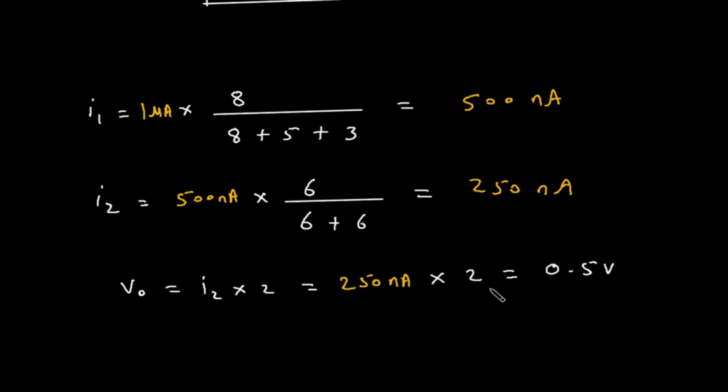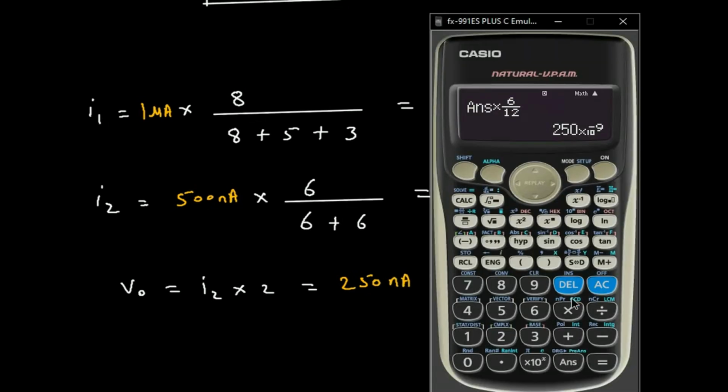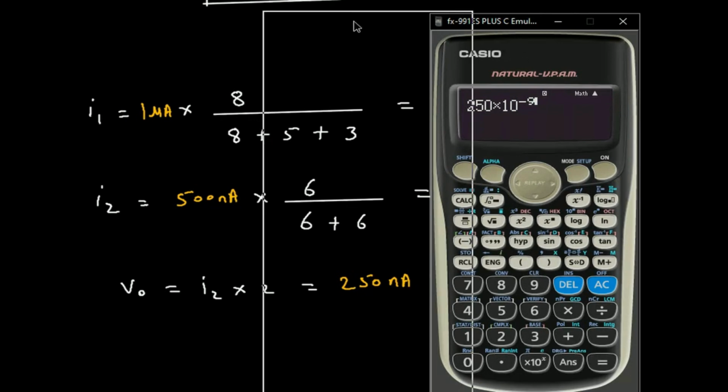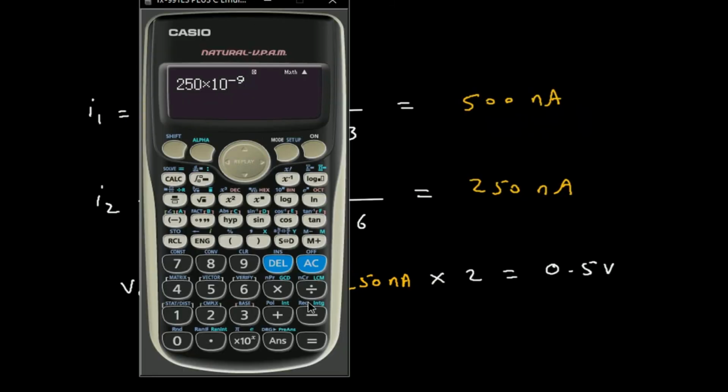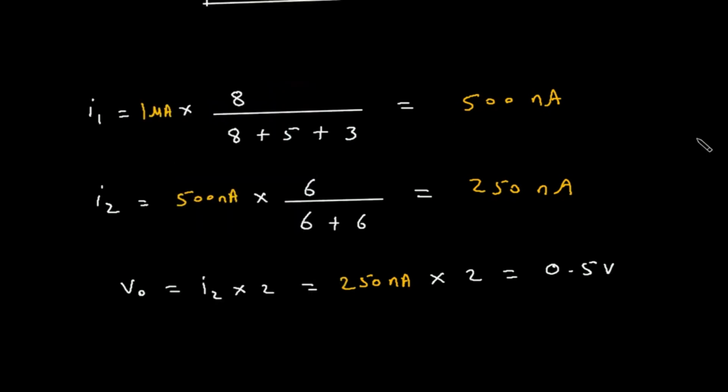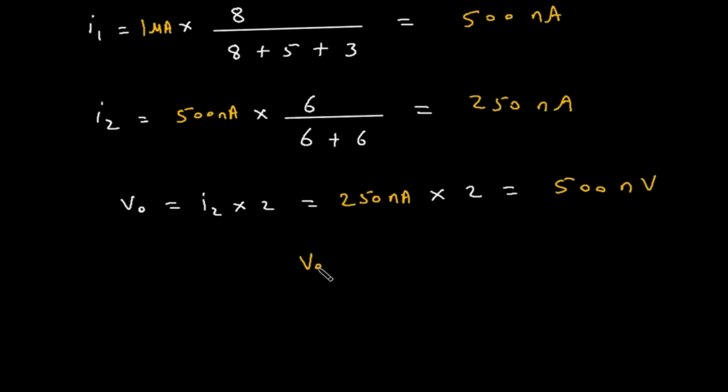Now 250 nanoampere into 2. 250 into 10 raised to minus 9 into 2, this will be 500 nanovolt. Therefore, VO is equal to 500 nanovolt.